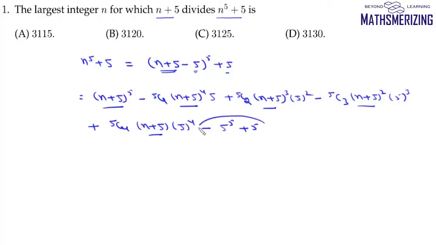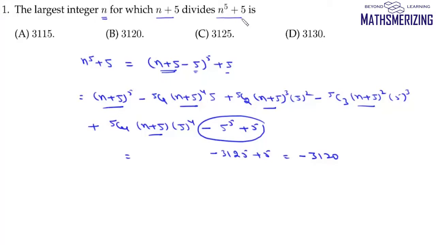Now what we are left with is this remainder. So here we'll have this remainder as minus 3125 and then plus 5. So we'll get this remainder as minus 3120. Now it says we need to find the largest integral value of n for which this whole expression divides n to the power 5 plus 5.